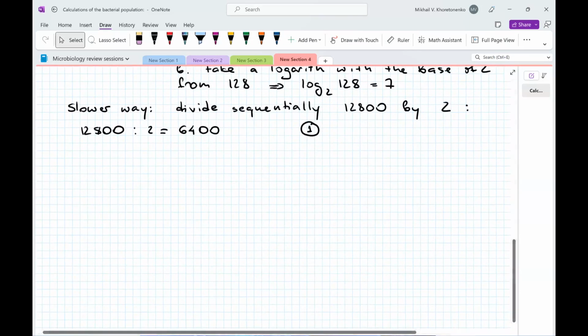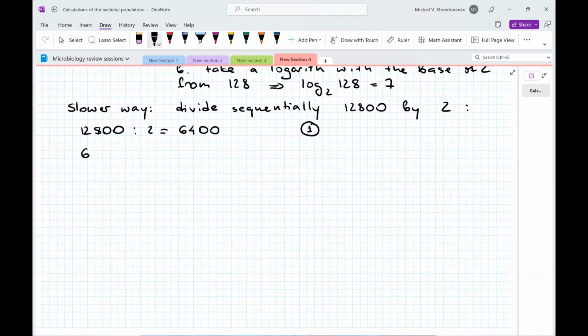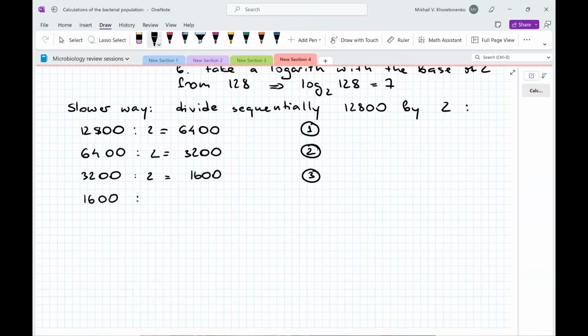So take a first step. You divide 12,800 by 2, you get 6,400. Then you take 6,400 divided by 2, you get 3,200. That's step 2. You get 3,200 divided by 2, you get 1,600. This is step 3. 1,600 divided by 2, you get 800.